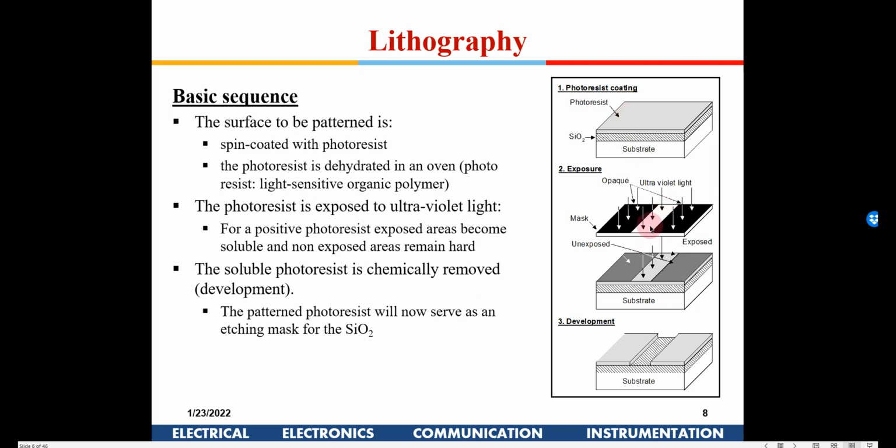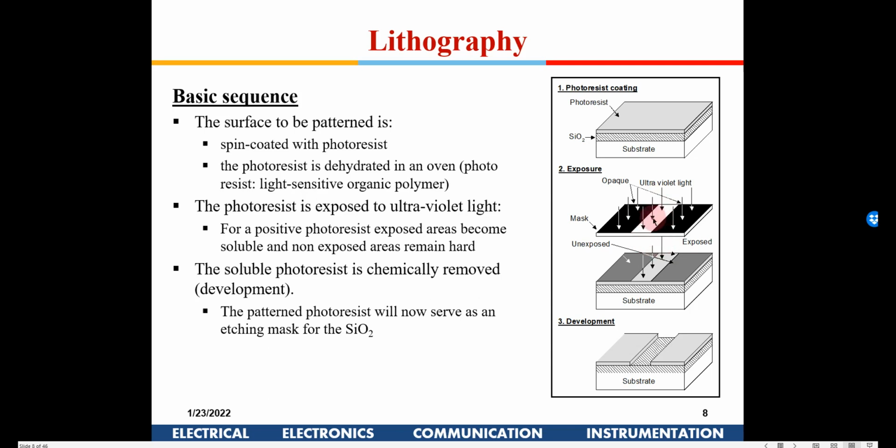Which area needs to be exposed and which is not to be exposed, for that we use a mask. So there is a mask through which the ultraviolet light passes. In the dark areas it will be opaque, so no ultraviolet light will pass through the mask. Whereas you have transparent areas in the mask through which the ultraviolet rays pass.